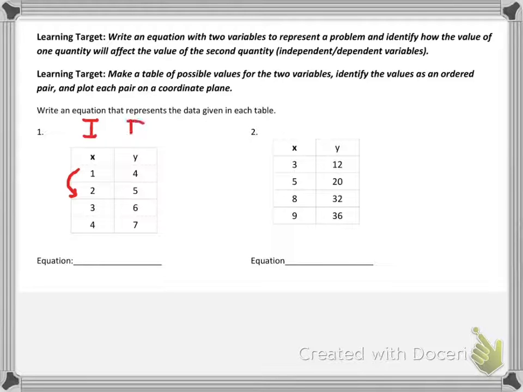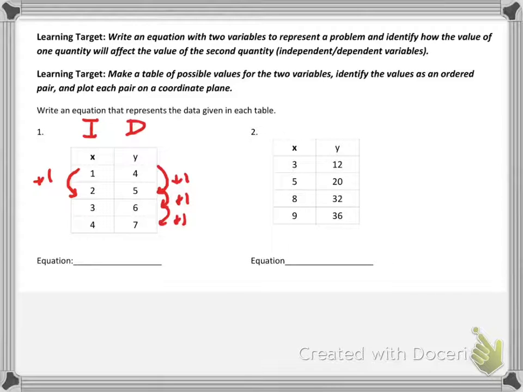The second column is always dependent. If my independent value changes by 1, then my dependent variable change is my coefficient. As long as it stays consistent, and it does, it's always a +1. So I know that is my coefficient.